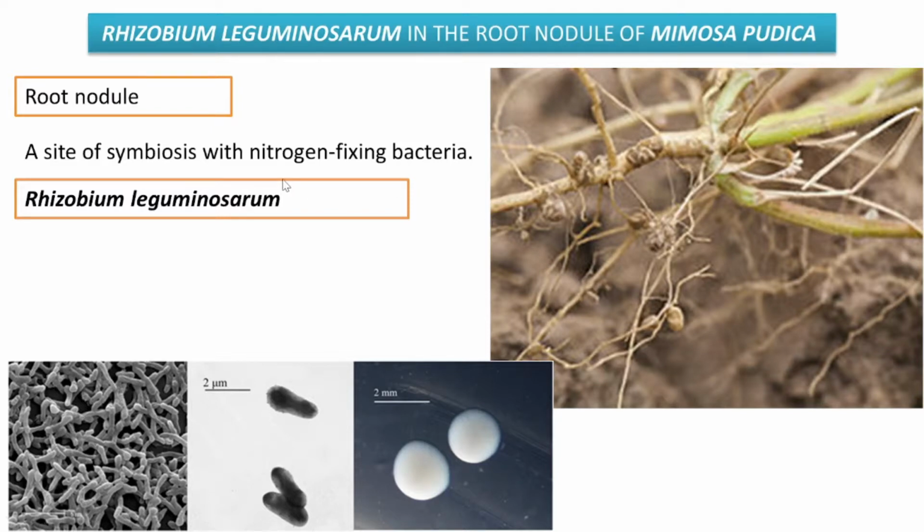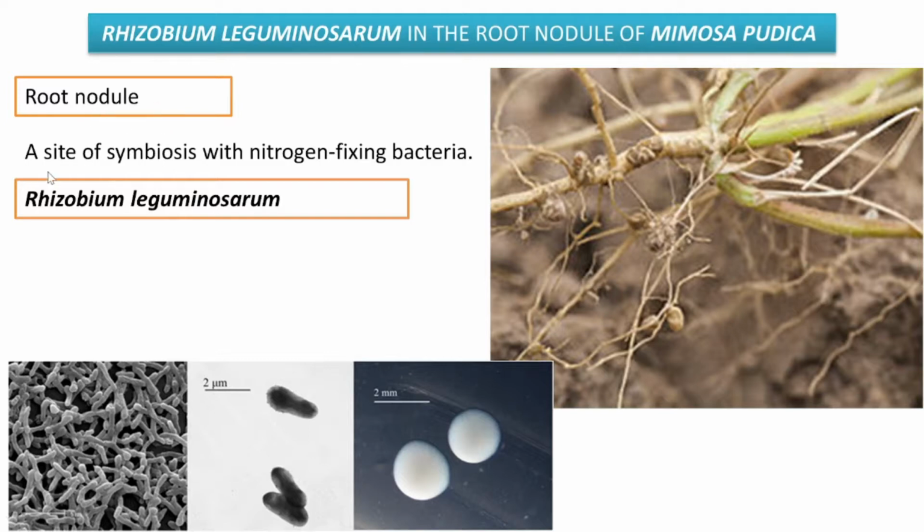Before that, we need to have some basic knowledge regarding what is root nodule and what is the nature of that bacterium that we are going to see today, that is Rhizobium leguminosarum. First, we are starting with the root nodule. What is root nodule?